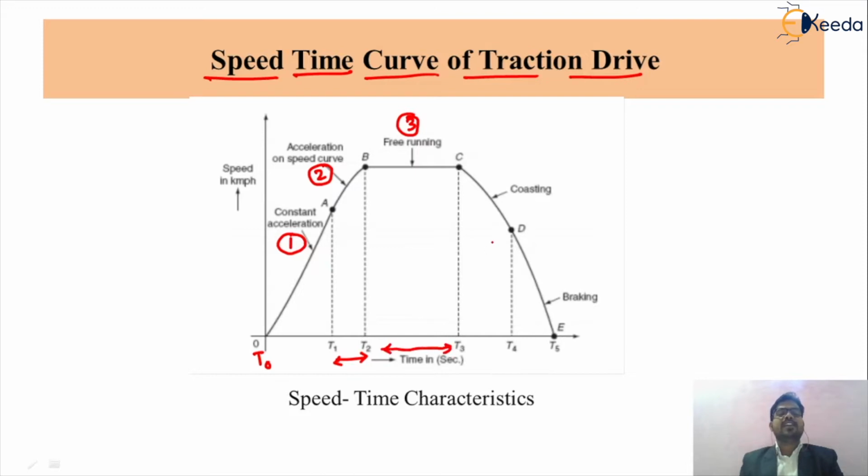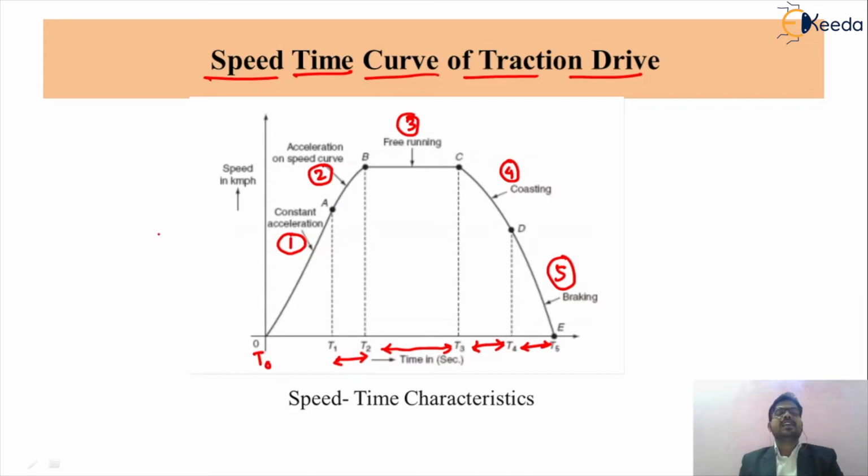The fourth curve is called coasting, sometimes retardation, for the timing t3 to t4. The last curve, number 5 of the speed time curve, is the period called braking, from t4 to t5.